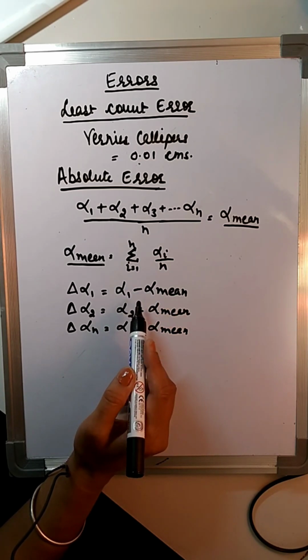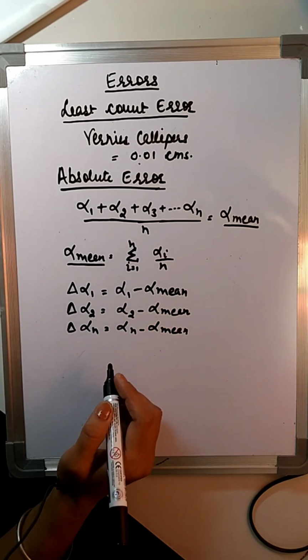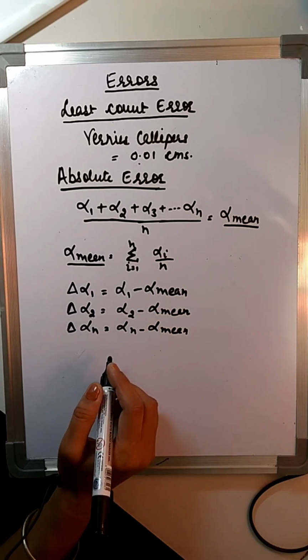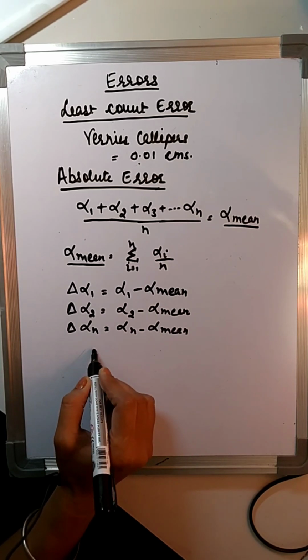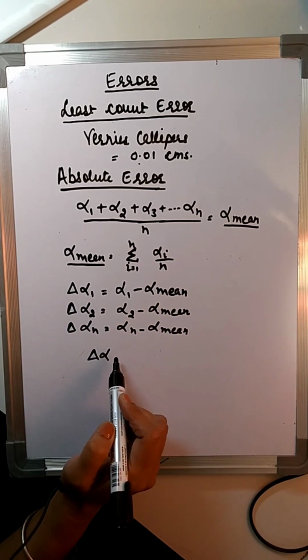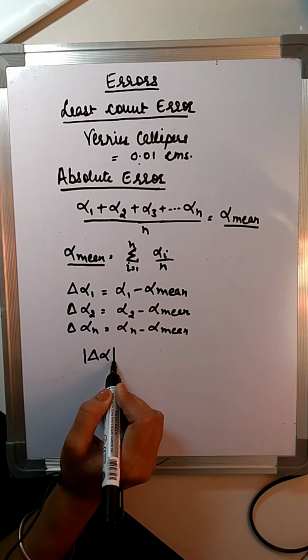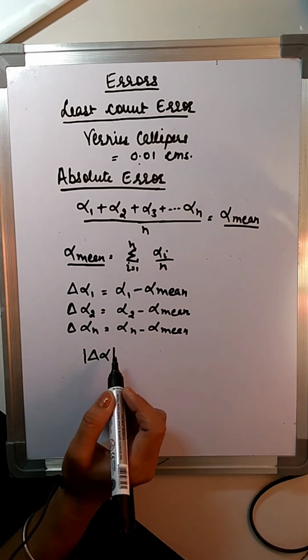So when we are not taking the sign, we are just taking the magnitude. The magnitude is written like this: delta alpha. So it can be alpha 1, alpha 2, alpha 3, whatever it is. That absolute error is taken in the form of magnitude only.